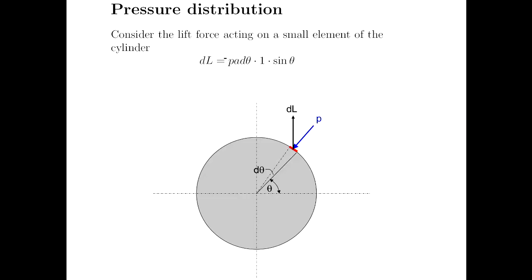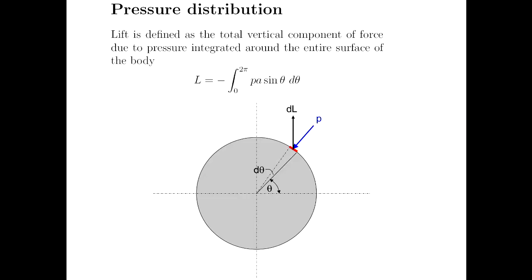Okay, so if I integrate over the whole cylinder, I'm going to get the net lift, or the total lift acting on that cylinder. So I'm just going to integrate with respect to theta between 0 and 2 pi.